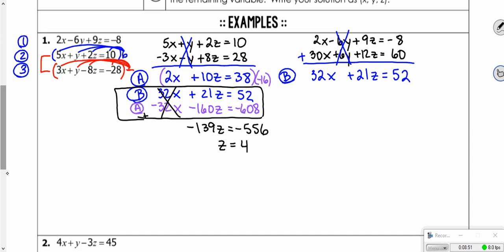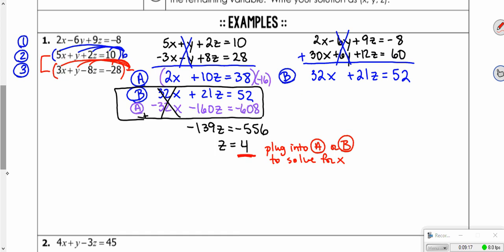Well, you may think so. Actually, it's going to be easier if you take this 4 and plug it into either A or B to solve for x. That's because the A and B equations only have 2 variables in them.